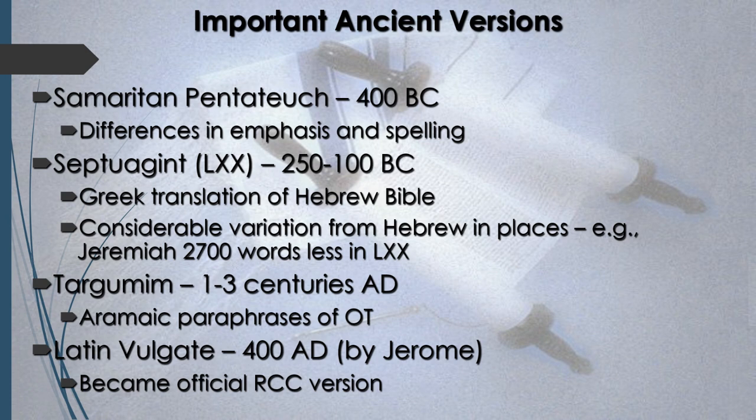And then you have an early copy from Jerome, who was a Christian who translated the Old and the New Testaments into Latin, and that became official for the Roman Catholic Church. It's an early copy of the Old Testament in Latin, and it's important because if you look back, the Masoretic text we have is only from 1000, and Jerome is at 400.